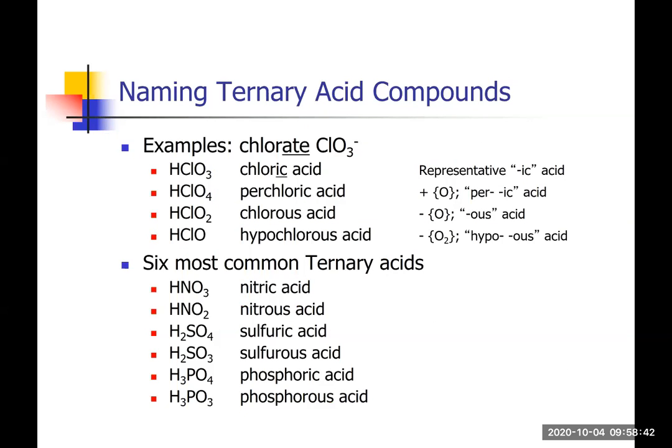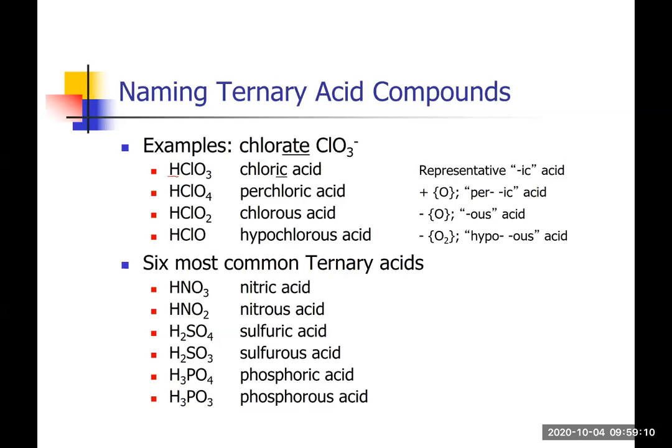Let's go through another example using the polyatomic ion chlorate. Remember the -ate is the representative, and it becomes -ic when we're naming the acid. So we change the -ate suffix of the polyatomic ion to -ic when we're naming the acid. And we put enough hydrogens in front to give us charge neutrality.